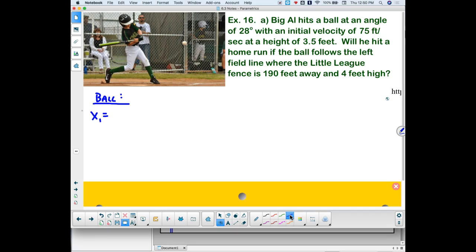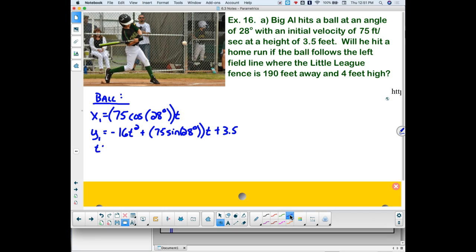So the ball's x function is going to be 75 cosine of 28 degrees times t. The y function is going to be negative 16 t squared plus 75 sine of 28 degrees times t plus 3.5. And we're going to go with a t value there again from 0 to 3.